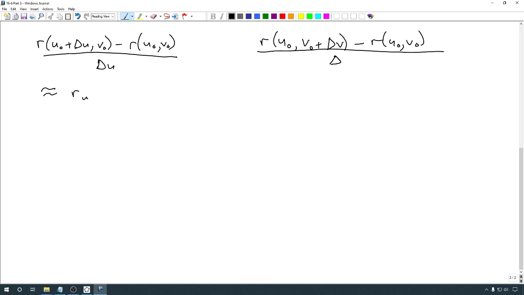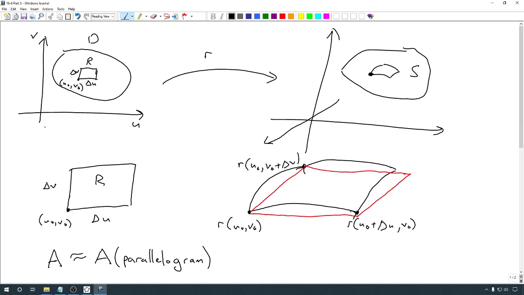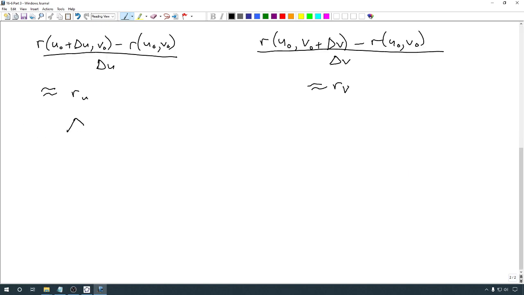If we divide this by delta v, this will be approximately equal to r sub v. That means that we can approximate the actual vectors along the sides of this parallelogram by the vectors delta u times ru and delta v times rv. We're going to approximate the area of the parallelogram by using these two vectors in our formula.